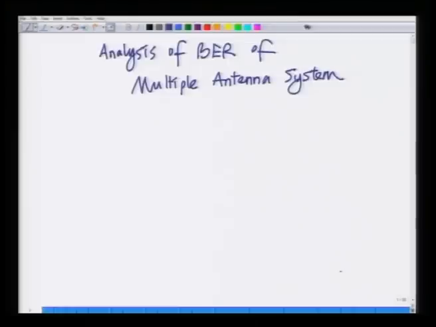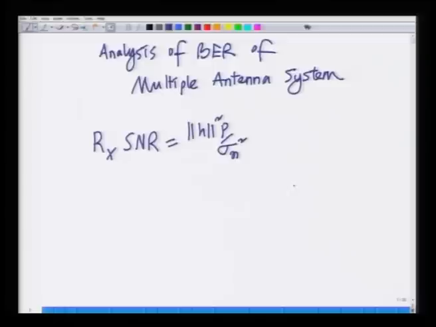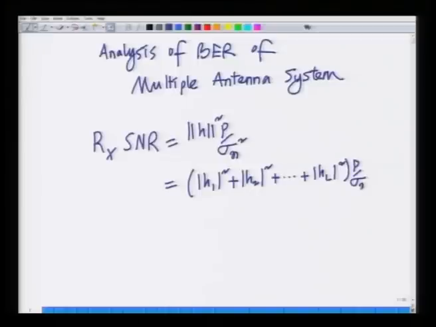We have seen that the receive SNR equals norm H square P over sigma n square, where norm H square is the norm of the vector of channel coefficients, and this can be written as magnitude h1 square plus magnitude h2 square plus magnitude hL square, times P over sigma n square.